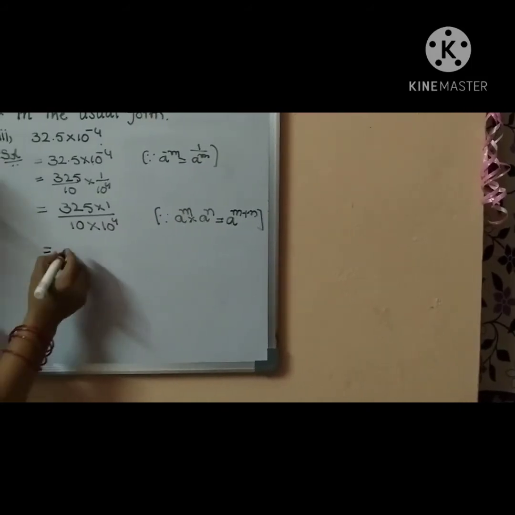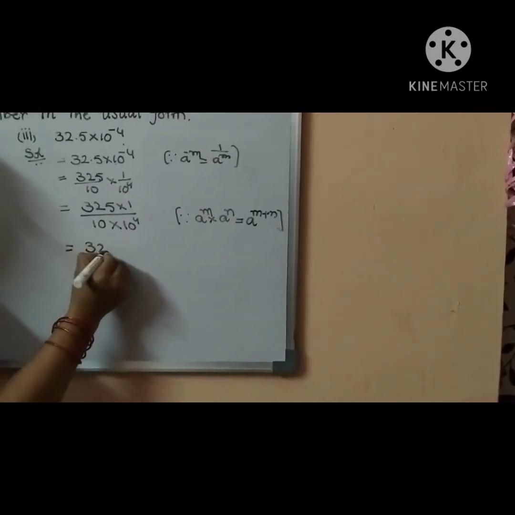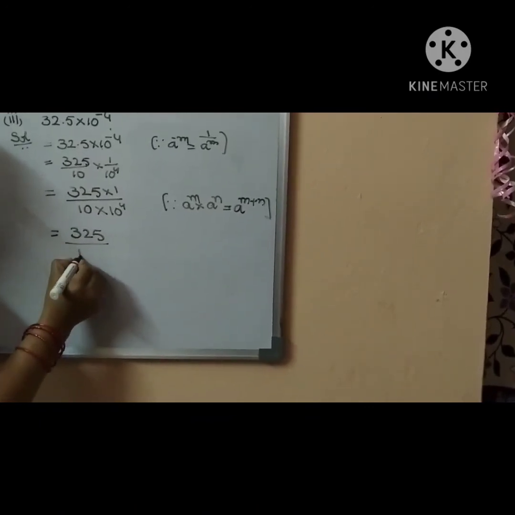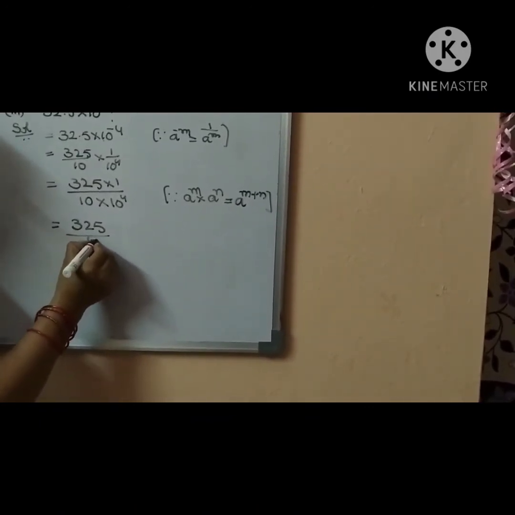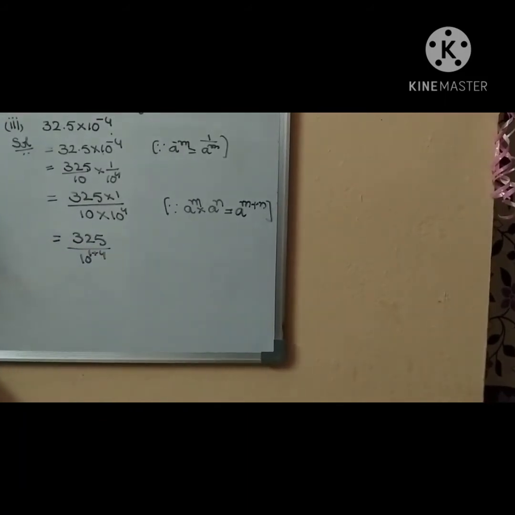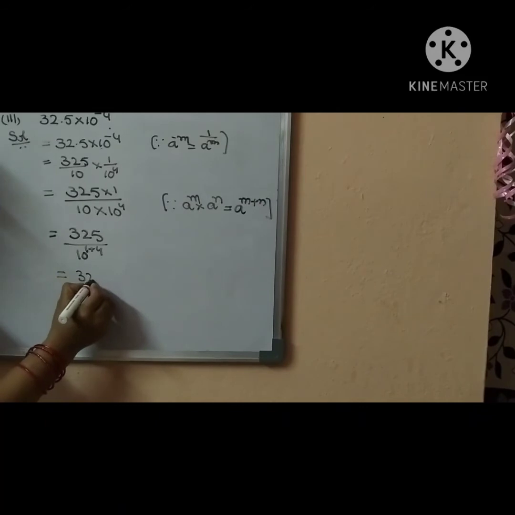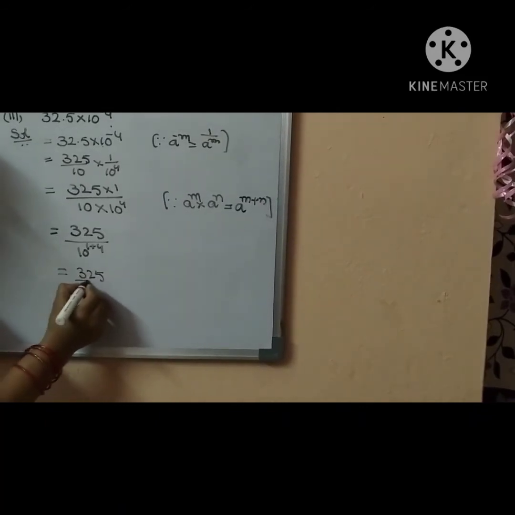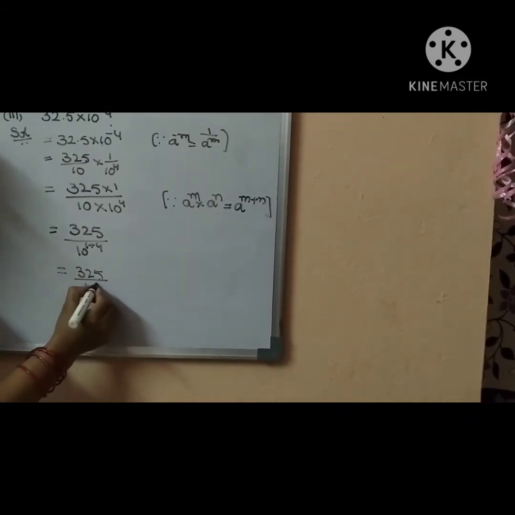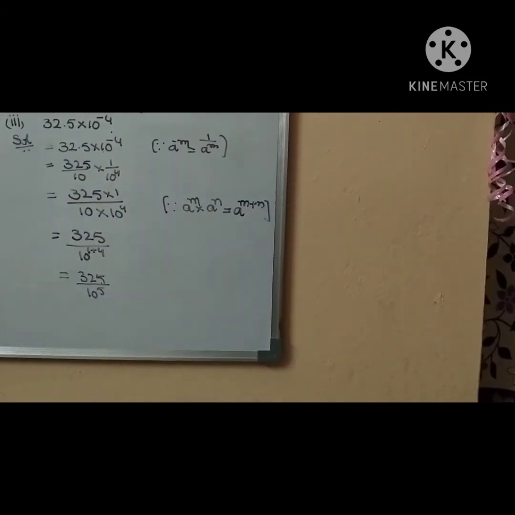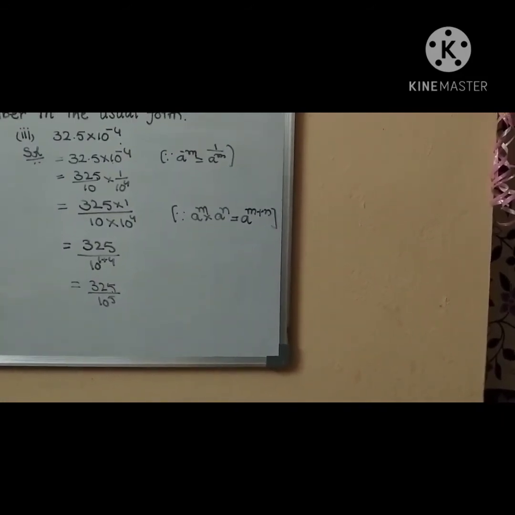Here write 325 into 1, means 325 by 10 power 1 plus 4. Here write 325 by 10 power 5. Okay, did you understand children this one?